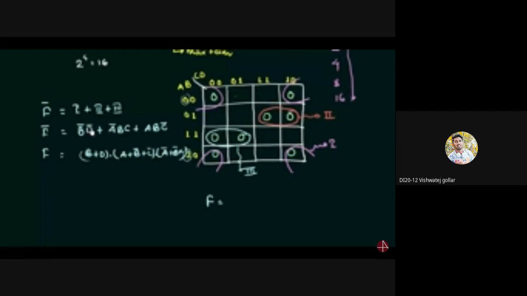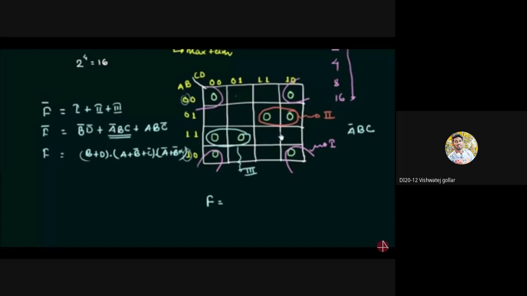We will just change the values of the variables from what they are right now in the groups. Let's see how. For example, I'm taking this second group. In this, I found A as 0, B as 1, and D was changing from 1 to 0, so it should not be included, but C is 1. So I had A complement B C, that I have already written here.